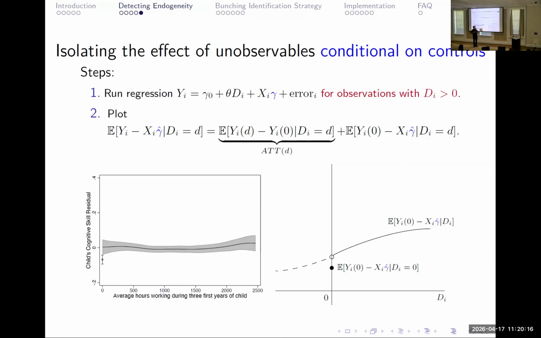And just to be clear, remember the X does not need to be observed controls. It could be, say, generated regressors, or it could be fixed effects, okay? I'm just using some bad notation here to think about X as potential fixed effects, but you can think about fixed effects there as well. And that matters, right?